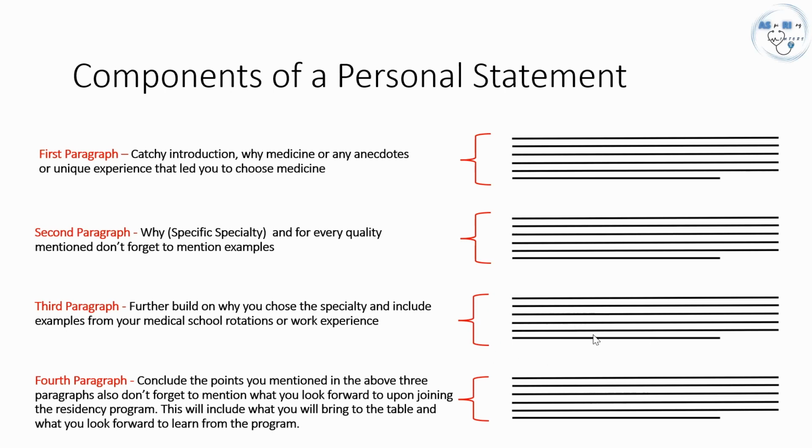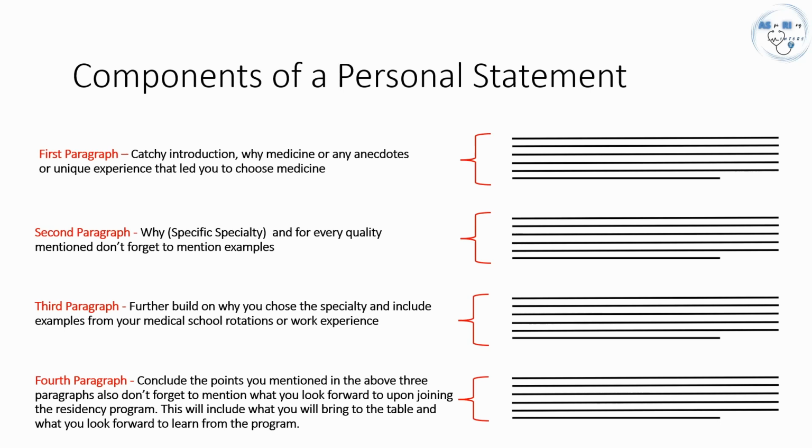you shouldn't be repeating your ERAS CV here. You shouldn't just say, "I rotated with Dr. Somebody," and stop there. But you can say, "When I rotated with Dr. Somebody, I saw how he or she was treating a patient," and that person was, let's say, an internist, and you are aspiring to become an internal medicine resident.